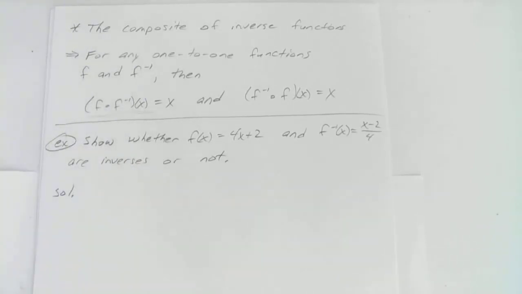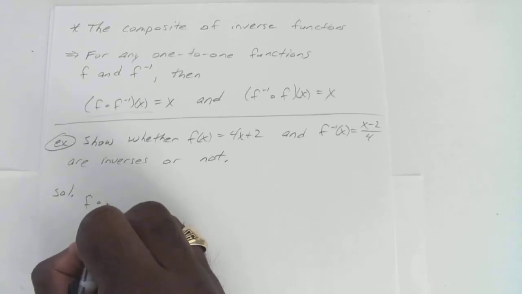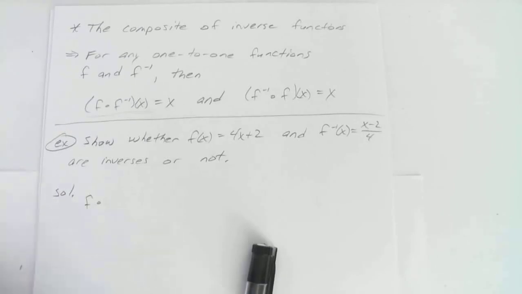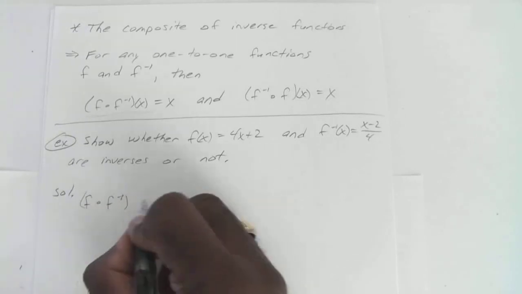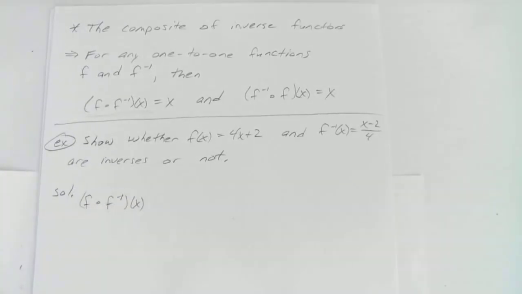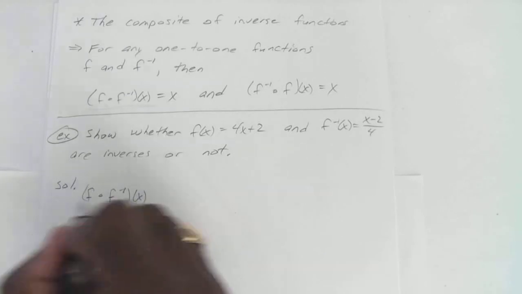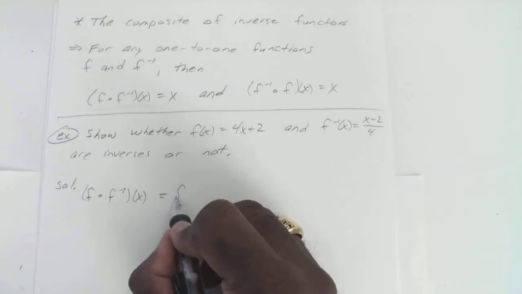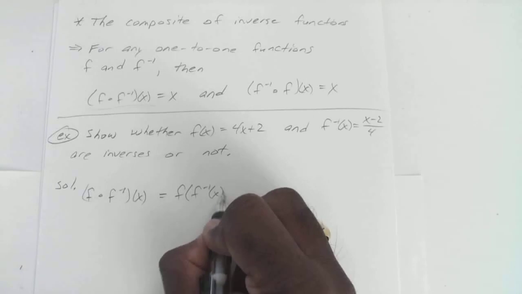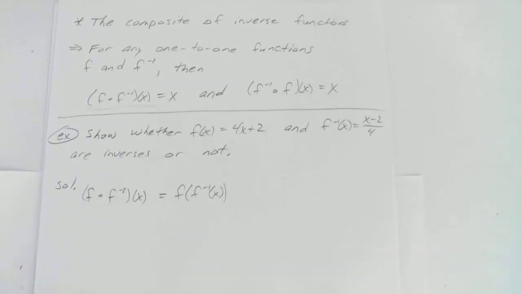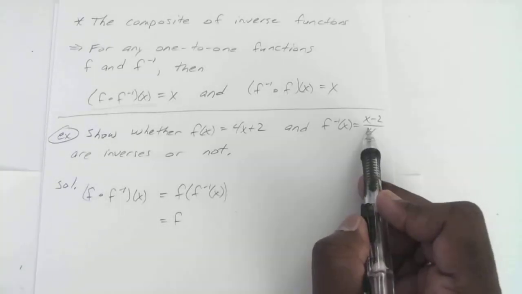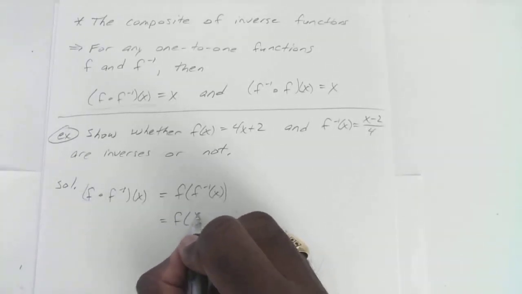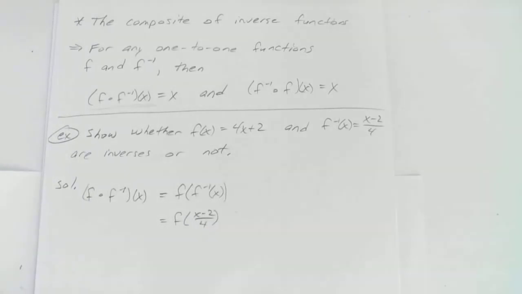First we'll use f of f inverse of x, and we can replace that with f of x minus 2 over 4.